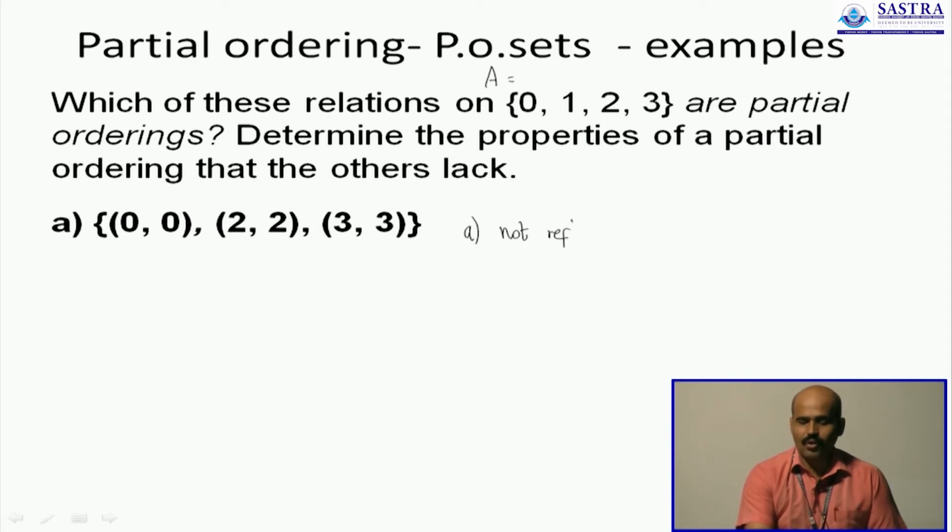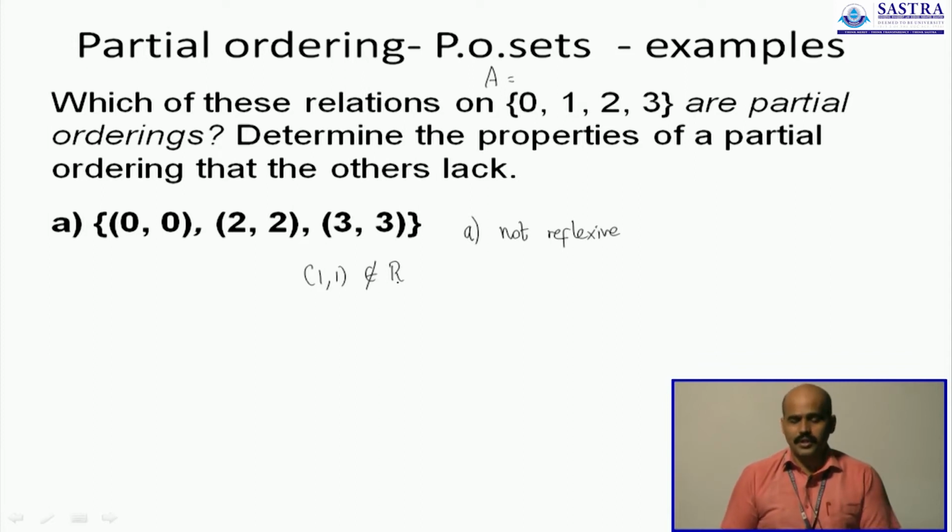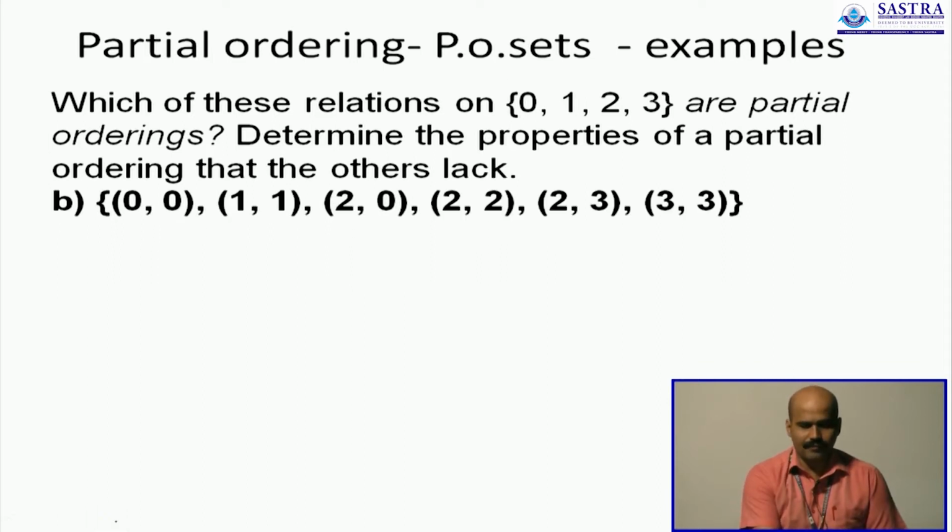You can figure out why. It is not reflexive because for the element 1 we are not finding the pair 1, 1 as a part of the relation. Any relation that is not reflexive cannot form a partial ordering. Therefore we don't have a partial ordering as an example here.